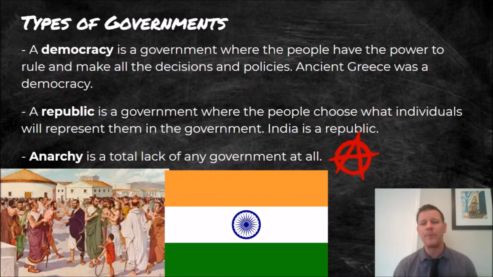So in a republic, the idea is people vote, but what you do is you vote on people to make the decisions for you. You vote for people to vote in your place. Ideally, they are qualified, they have experience, and they are best suited to make those decisions, right? So that's a republic. You vote, but you vote for someone to represent you.